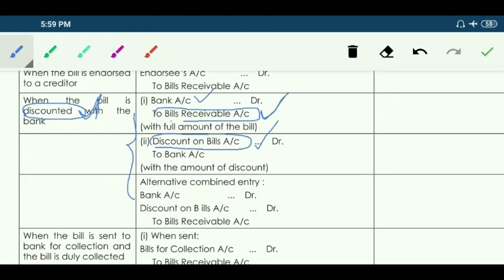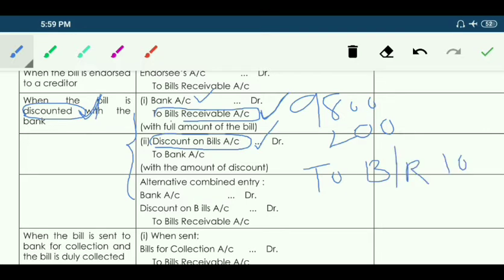Now the entry is: Bank account debit 9,800 rupees. Next, discount on bills account debit 200 rupees, to bills receivable account, how much? 10,000 rupees.